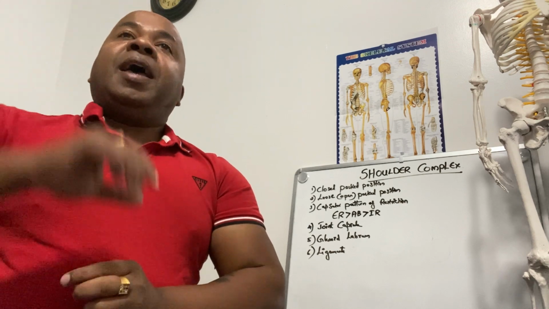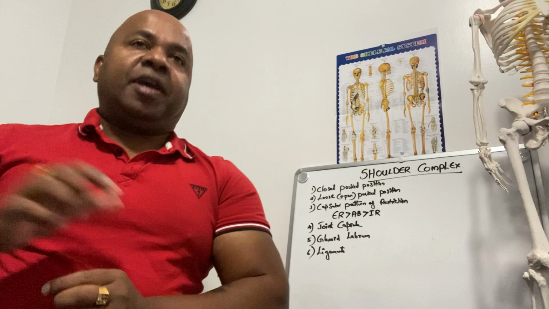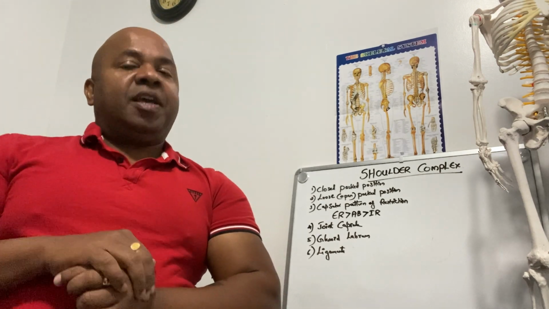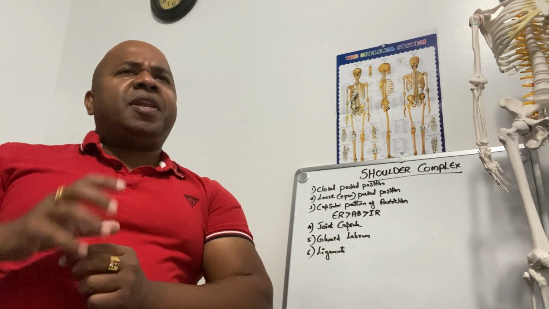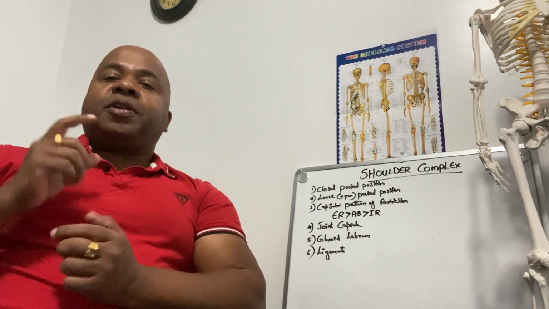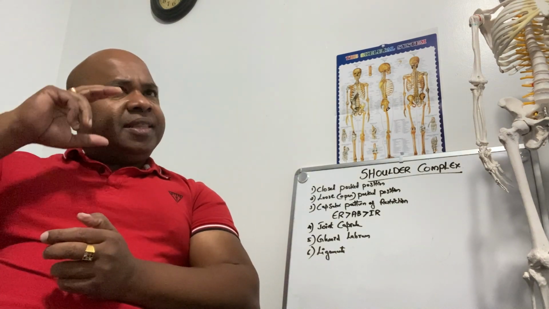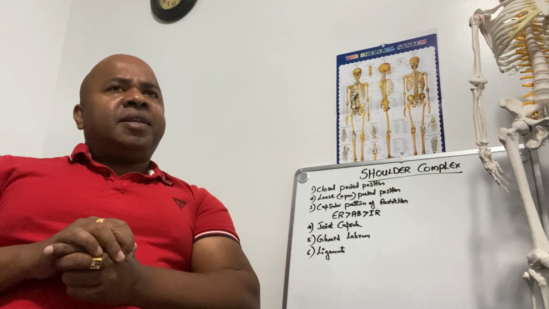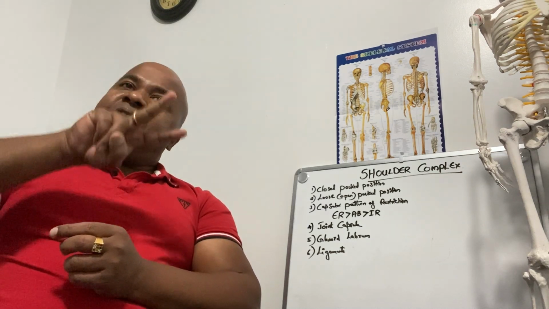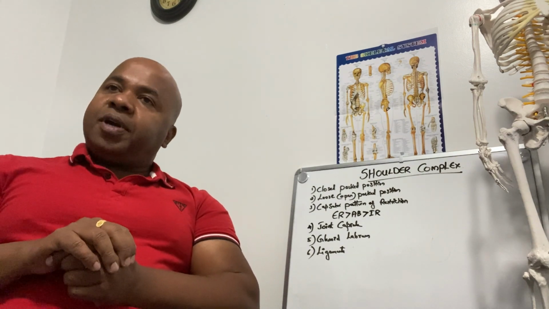And the next ligament is the coracoclavicular ligament. The coracoclavicular ligament is one of the main ligaments of the acromioclavicular joint, the AC joint. It has mainly two bands: the medial band is called the conoid ligament and the lateral band is called the trapezoid ligament.